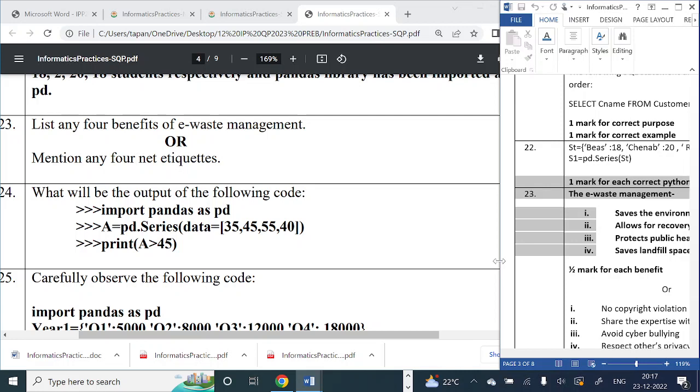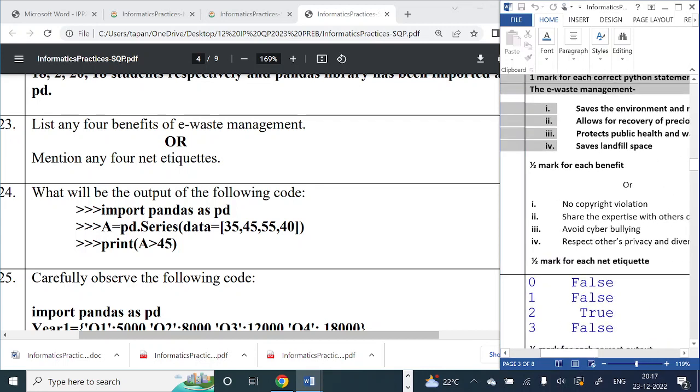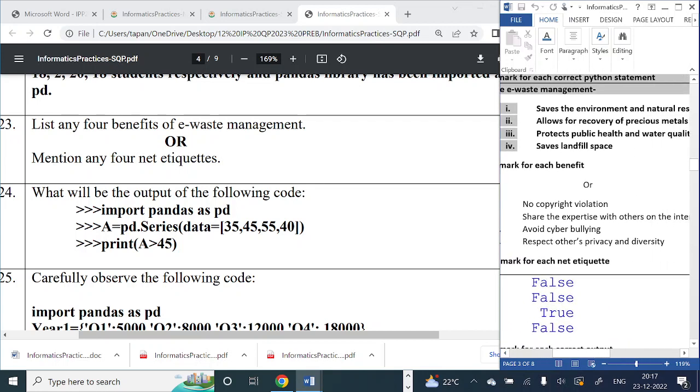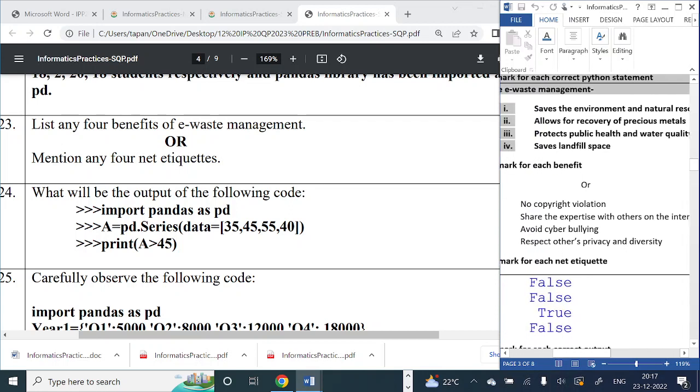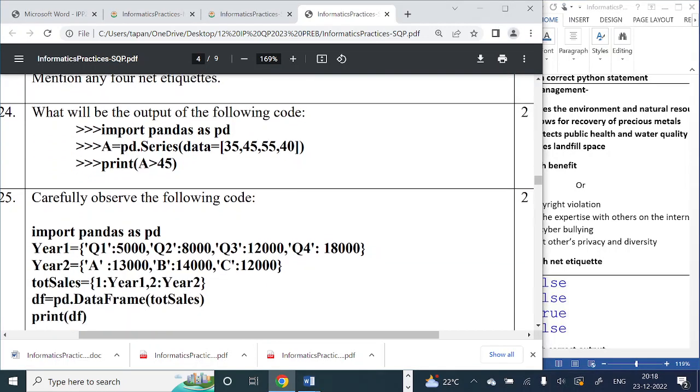So here the answers will be: no copyright violation, share the expertise with others on the internet, avoid cyberbullying, respect others' privacy and diversity. So we should respect others' privacy. There should be no trolling, no bullying, no copyright violation, no plagiarism. Clear? So these are the four only they have asked. There are many net etiquettes.